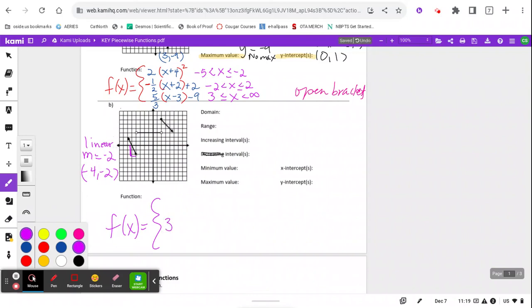It's a nice easy one. And then the last piece is a negative slope as well. So this is negative 2(x minus negative 4) minus 2. This one's going to be negative 2(x minus 2) plus 6.